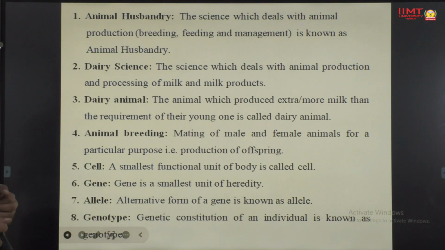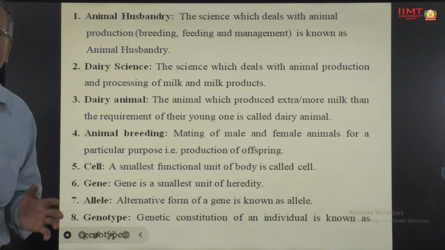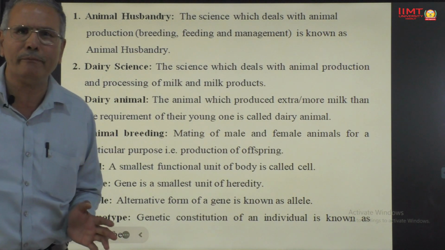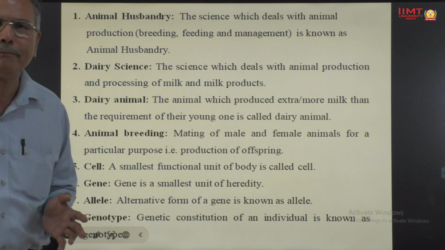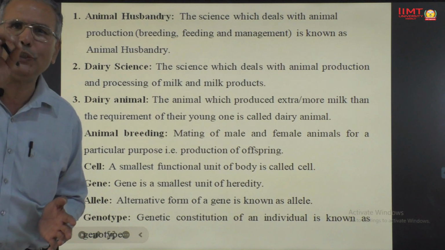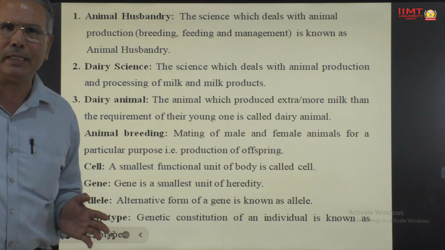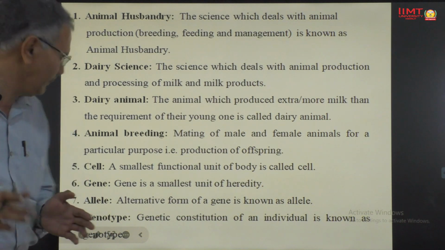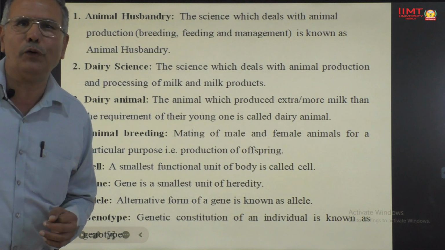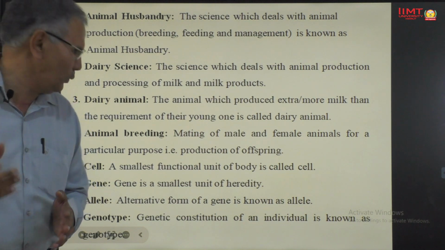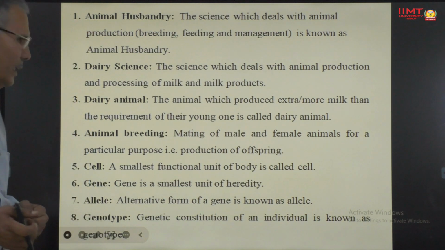What is cell? The smallest functional unit of body is known as cell. What is gene? The smallest unit of heredity is known as gene. What is allele? The alternative form of a gene is known as allele.